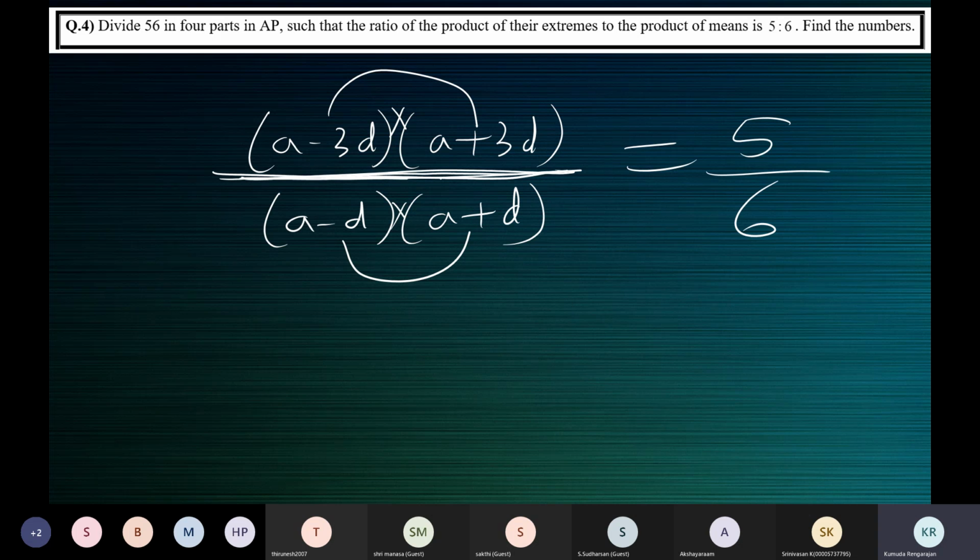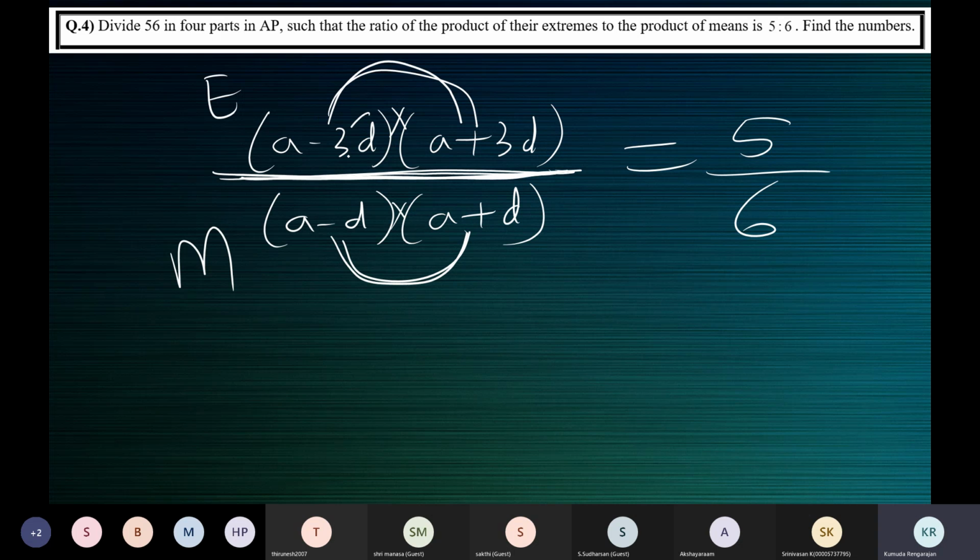Extremes first in the numerator and then means. That's what is given here. Product of their extremes to product of means is 5/6.